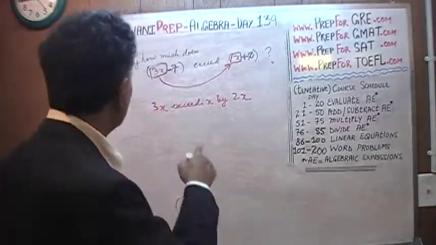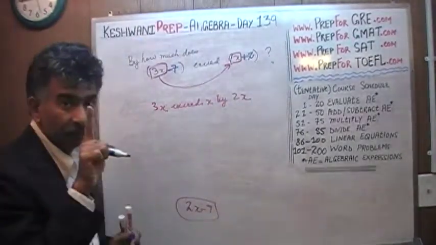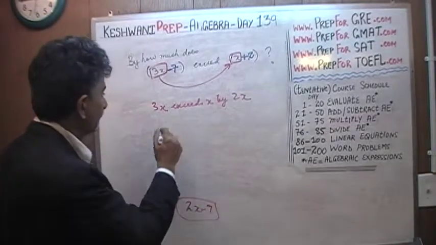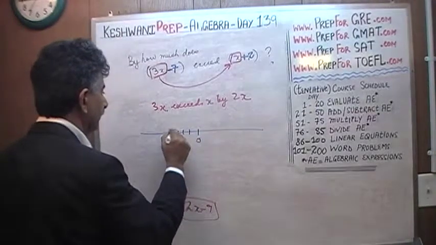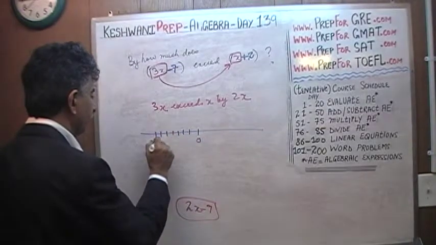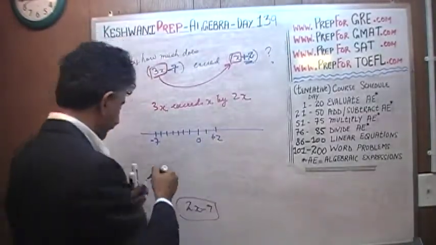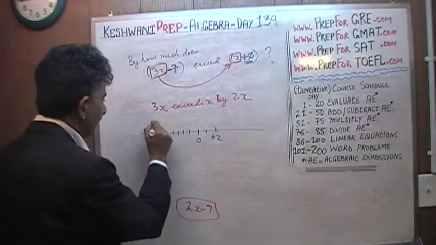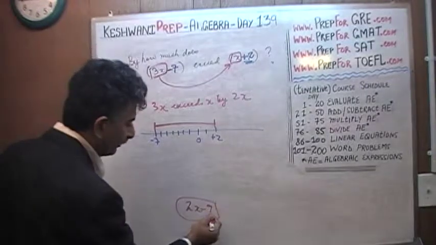I'm going to show you the difference between this quantity and this quantity is 9 units. 9 units going to the left. Negative means left. Watch what happens. Here is your 0. 1, 2, 3, 4, 5, 6, 7. There is your negative 7. There is your positive 2. What we are saying here is that the distance from here to here is 9 units.